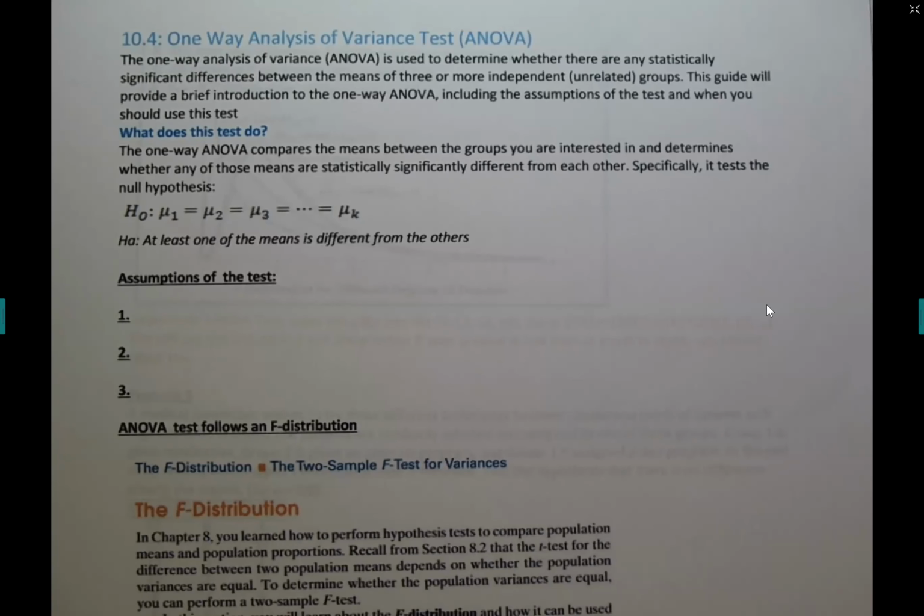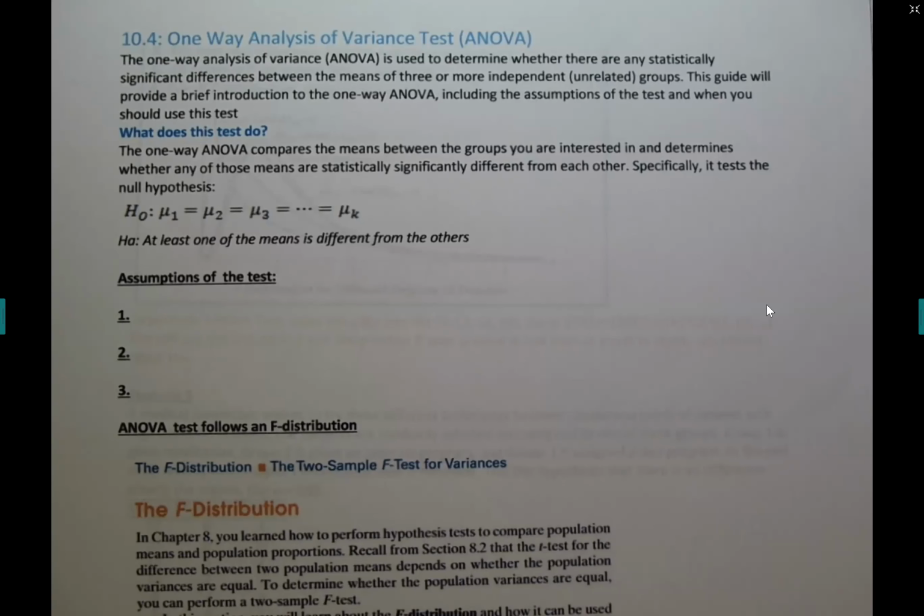Remember in chapter 8, guys, you were able to figure out whether 2 means are equal or not equal. mu1 and mu2, you compare 2 means. But when it comes to comparing more than 2 means, 3 or 4 or 5 or 6 or 7, all of the tools that you learned in chapter 8 will not be sufficient for this. So if you want to compare whether 3 means are equal or not equal, you have to use a distribution called ANOVA.